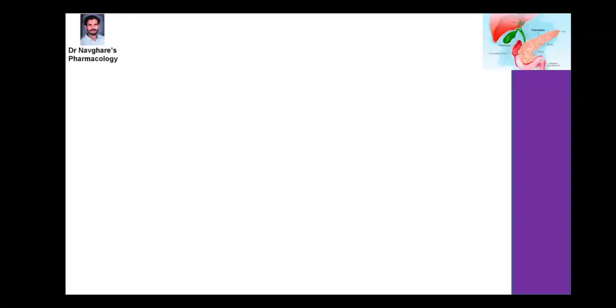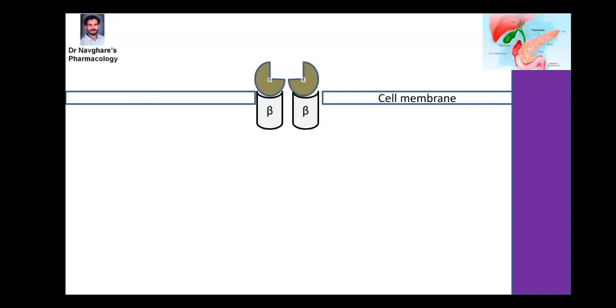So we will discuss the mechanism of action of insulin. This is the structure of the cell membrane. It is composed of the insulin receptor. That insulin receptor is a combined unit, possessing alpha and beta subunits.